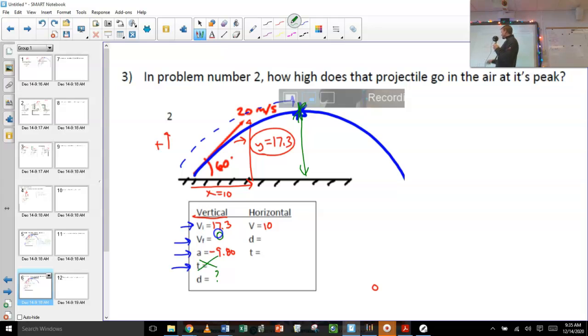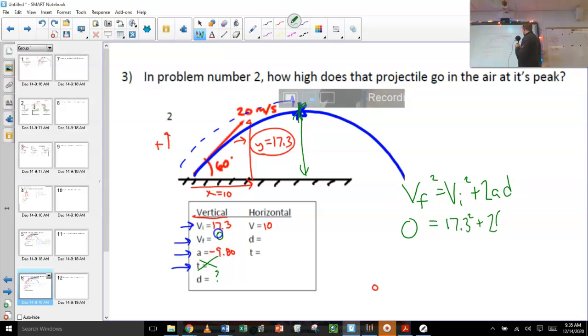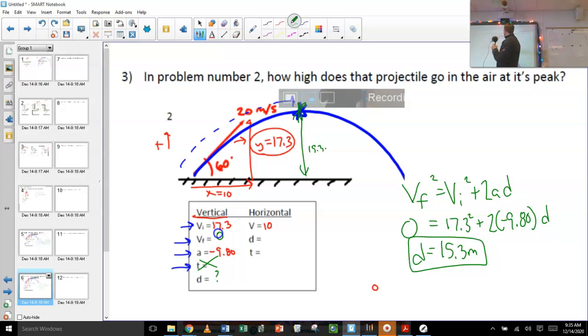So again, I'll use the equation that doesn't involve time. Vf squared equals Vi squared plus 2ad. Final velocity vertically is 0, initial velocity 17.3. Solving that for the letter d, you end up with 15.3 meters. So it goes 15.3 meters in the air.